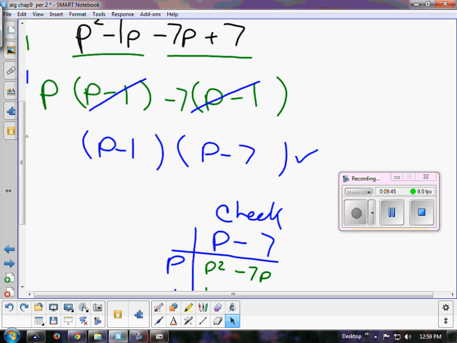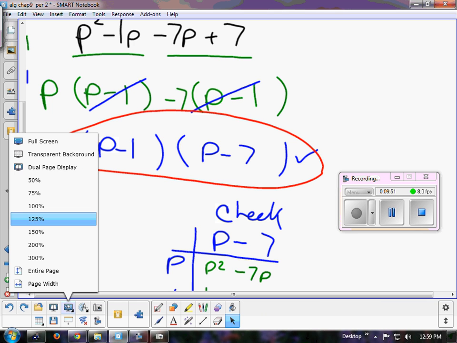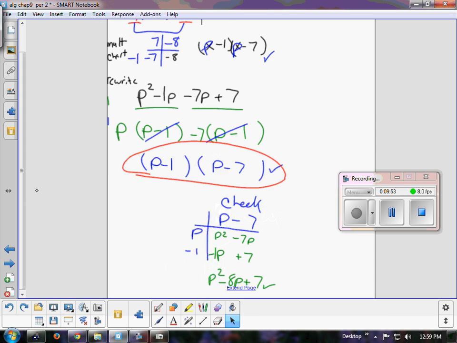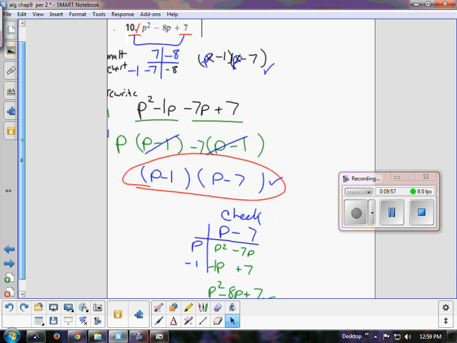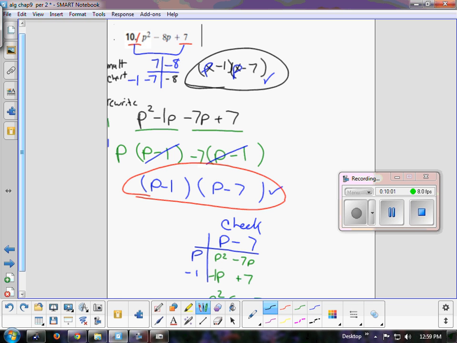On tonight's homework, you don't have to use the long method, but you do have to figure out your answer, p minus 1, p minus 7, and do the check down here. So every question, figure out the answer, and do a check for every question.